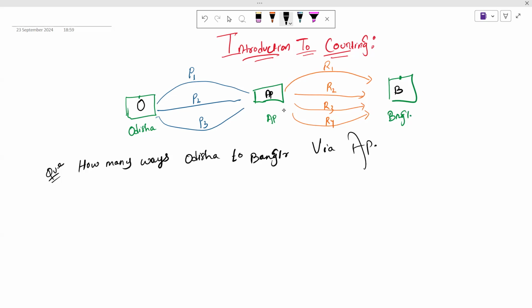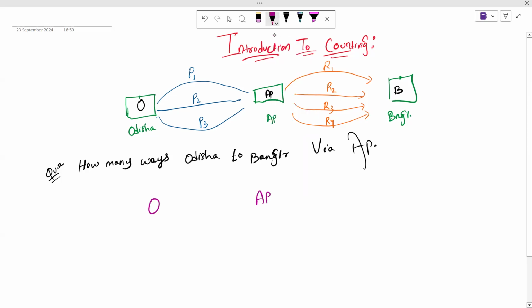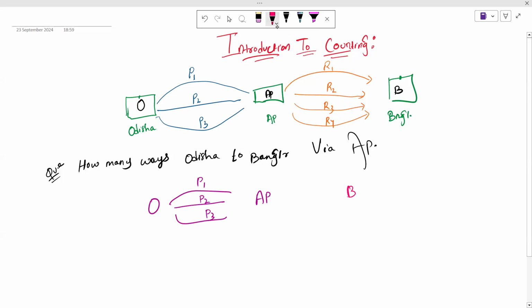The point is, if we go from Odisha to Andhra Pradesh, there is P1, P2, and P3. Similarly, from Andhra Pradesh to Bangalore, we have road 1, road 2, road 3, and road 4.